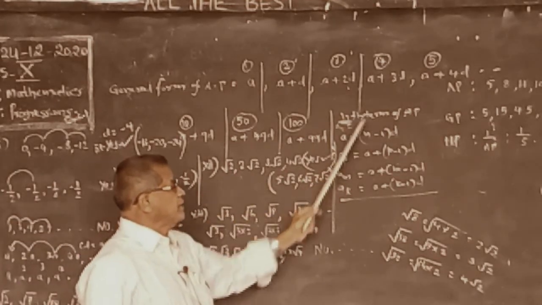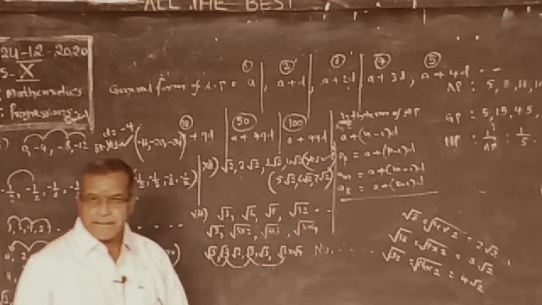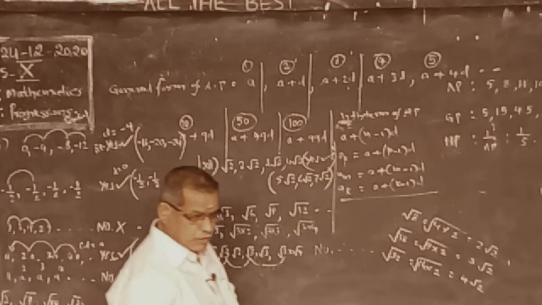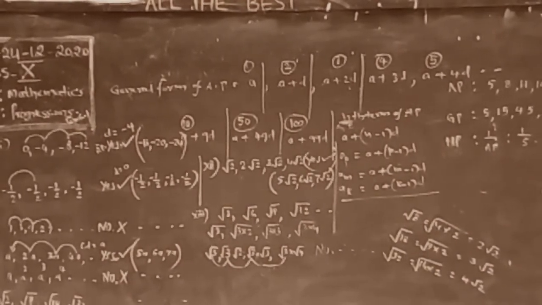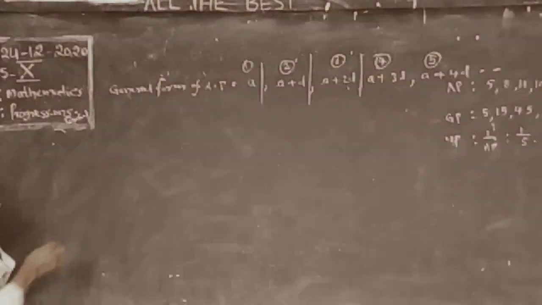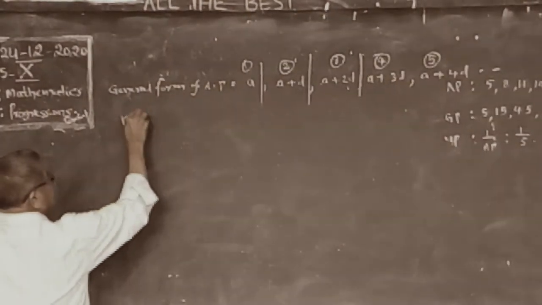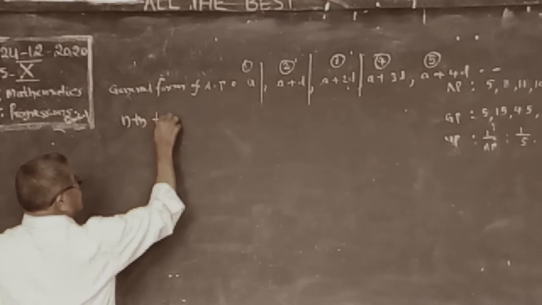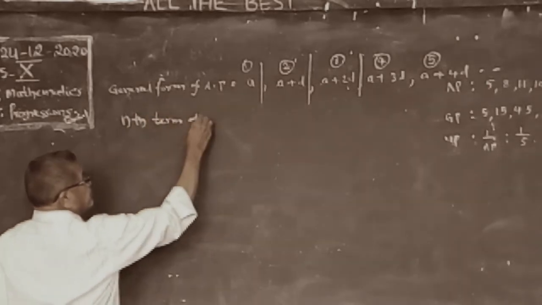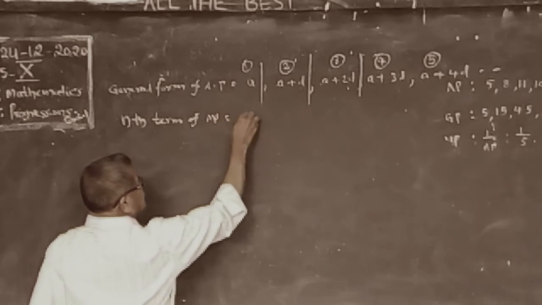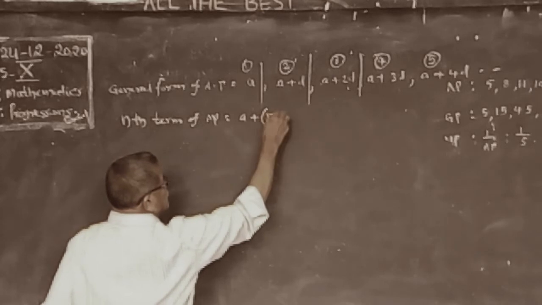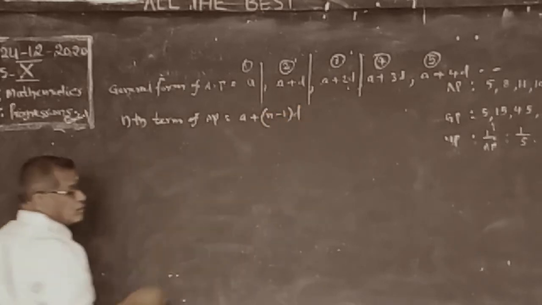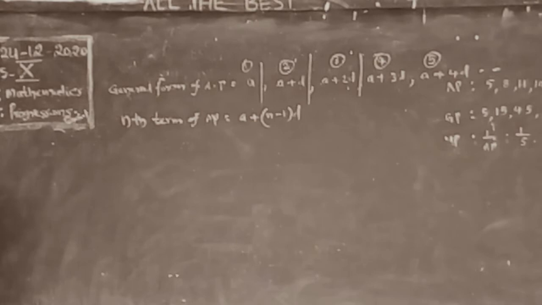Nth term of AP is A plus n minus 1 of D. Using this formula, we have to find the unknowns by application of the nth term and solve the problems.